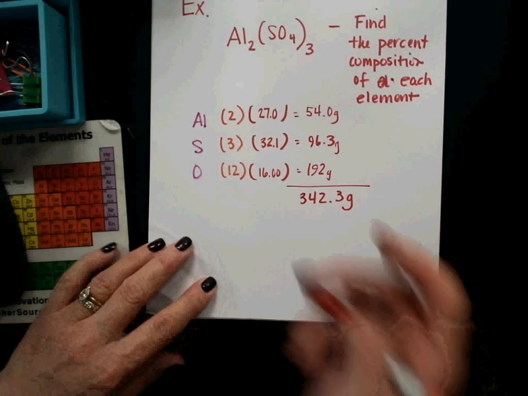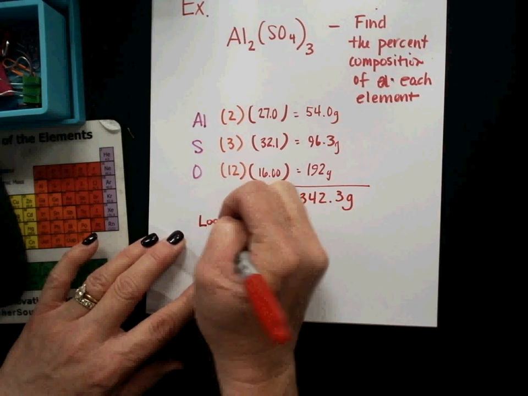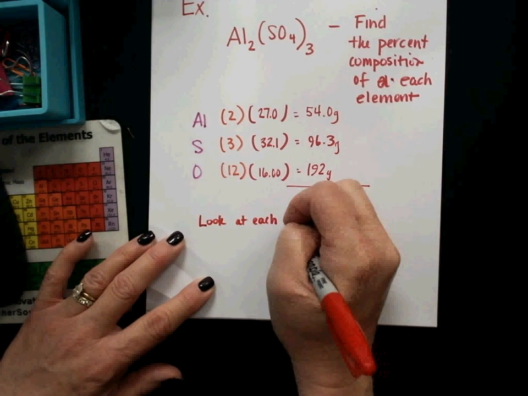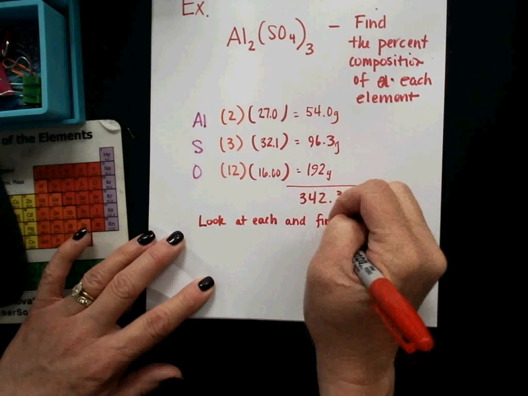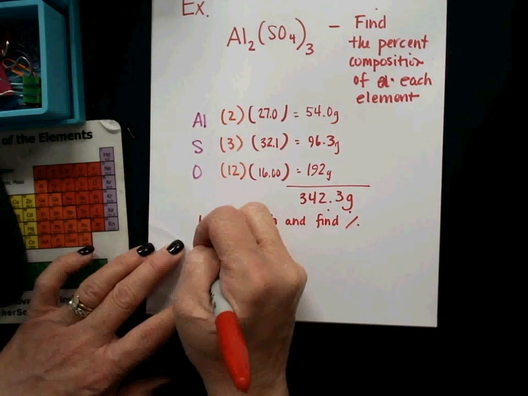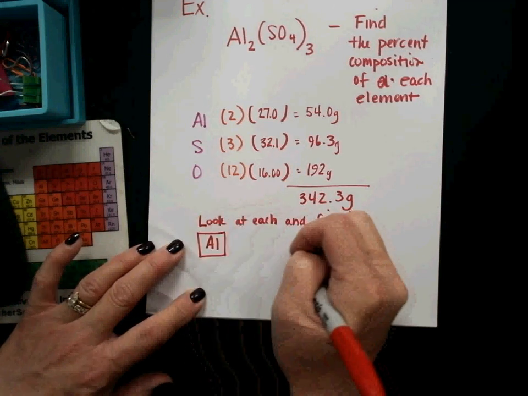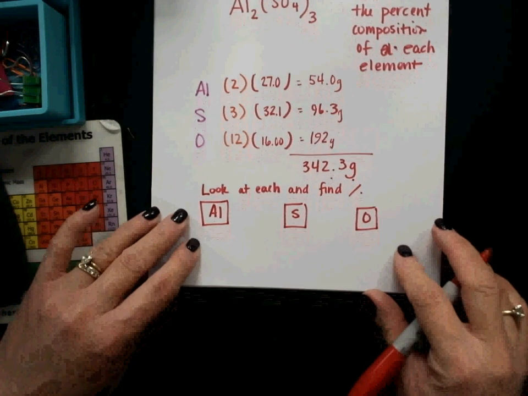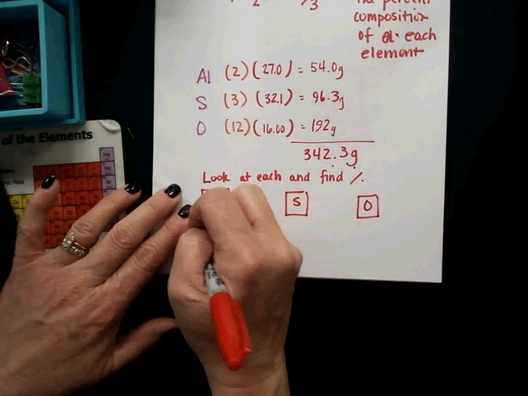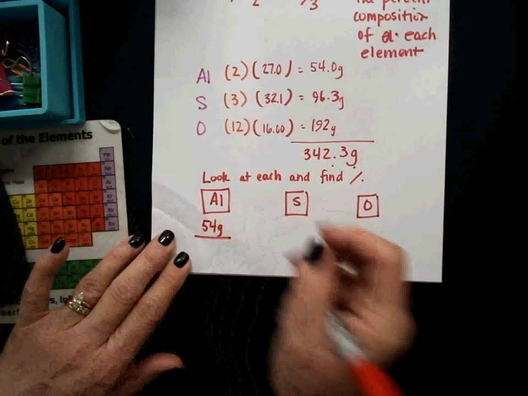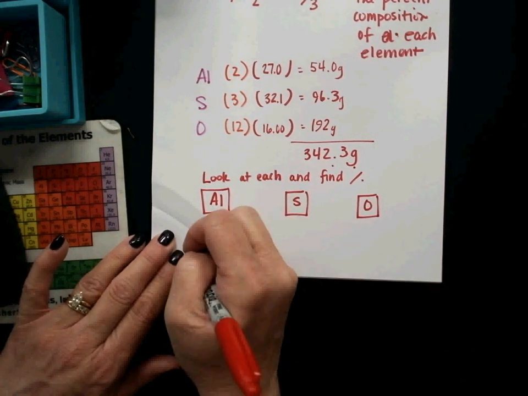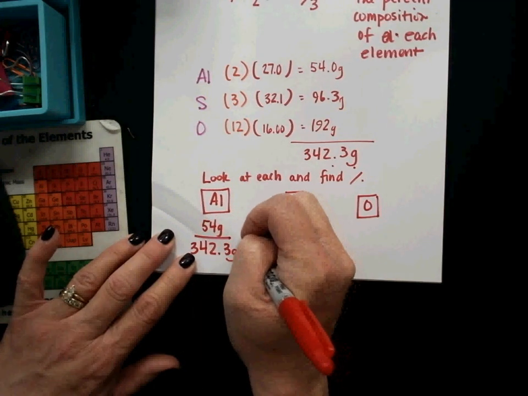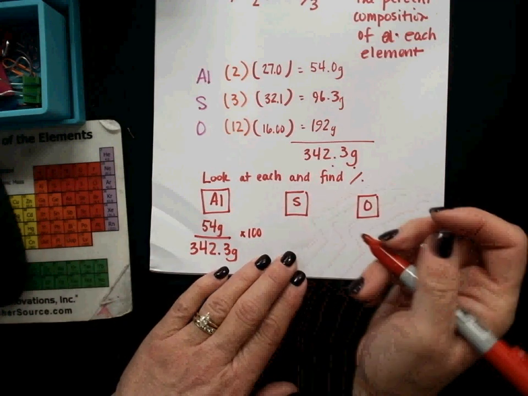Okay, so now what I do next is look at each part. So we're going to separate them: Al, S, and oxygen. And my Al was 54 grams, and my total was 342.3 grams, times 100.